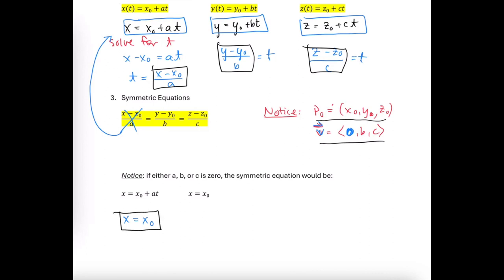So in this case, for our symmetric equations, we would have x equals x naught, and then y minus y naught over the b component that is not 0, and that's going to be equal to z minus z naught over the c component.